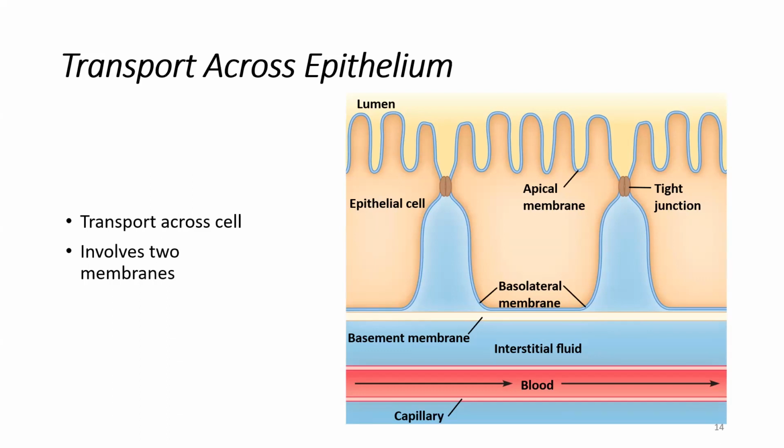And so transport happens via transport across epithelial cells. This involves the movement of solutes and molecules and particles across both surfaces of our epithelial membranes. So they're going to have to make their way across the apical surface, get inside the cell first, and then they make their way across the basolateral surface, and then they can get into the bloodstream.